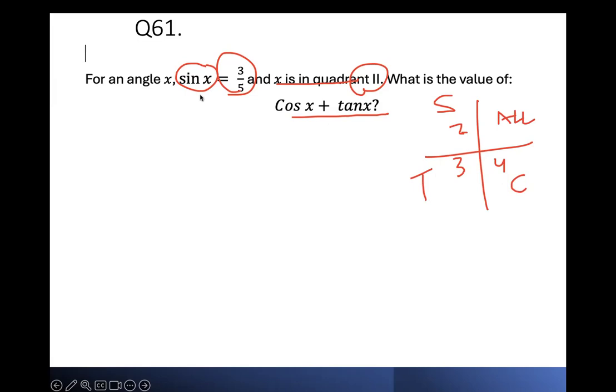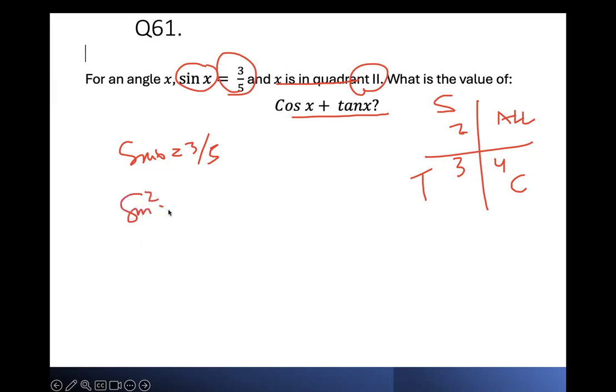Therefore, I know that if the sine of a certain number is 3 over 5, what should be the cosine? That's the thing. For the cosine, you're going to use this formula. Remember, they've not given you the adjacent side, you don't know it yet. So this formula, know it.